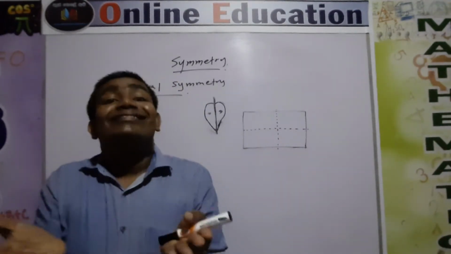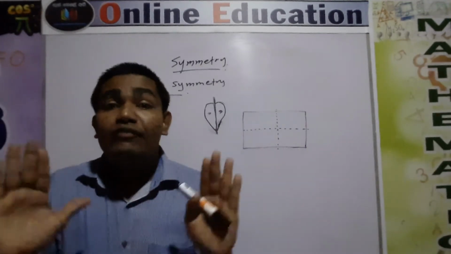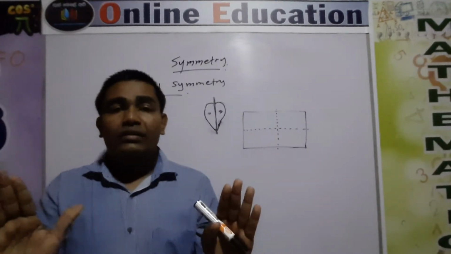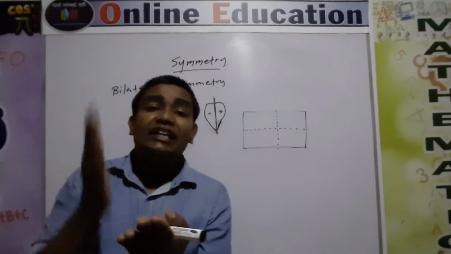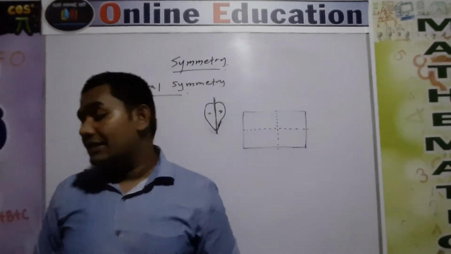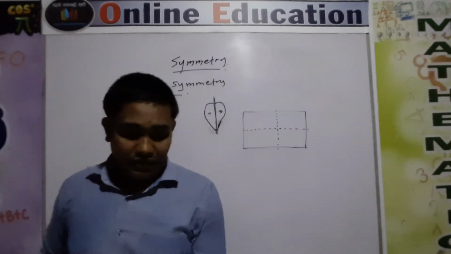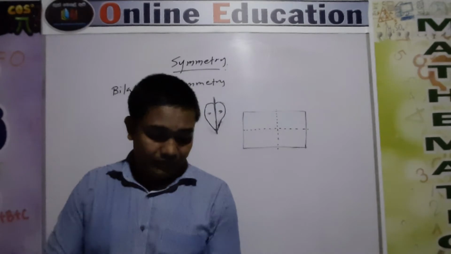We say there is a bilateral symmetry for this plane figure. That folding line is the axis of symmetry of that figure. This should be understood first.